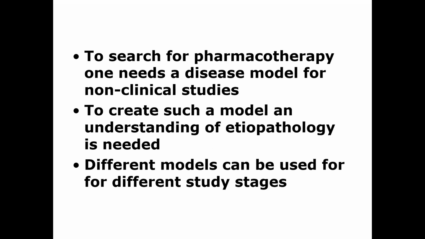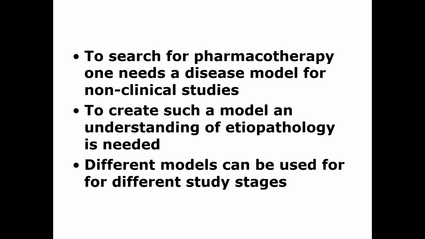So what do we need to try to find therapy for neurofibromatosis or for any disease? We need to create a disease model for non-clinical studies. And this model should include several levels. So as I've said before, it can be a recombinant protein.